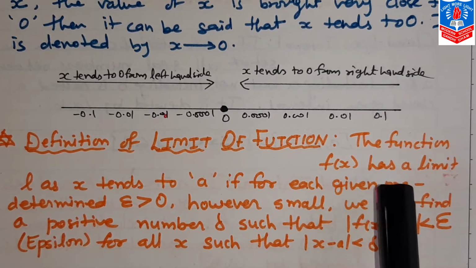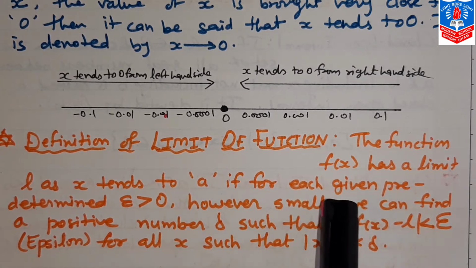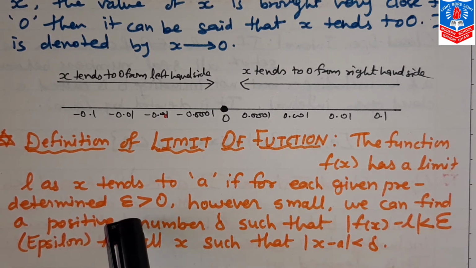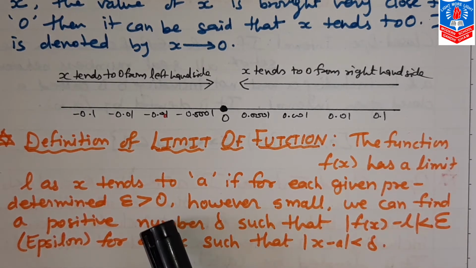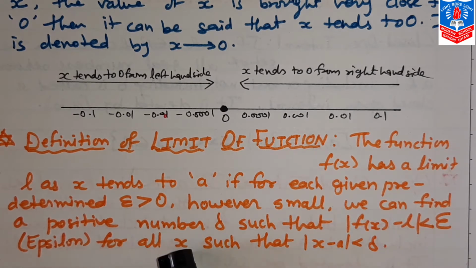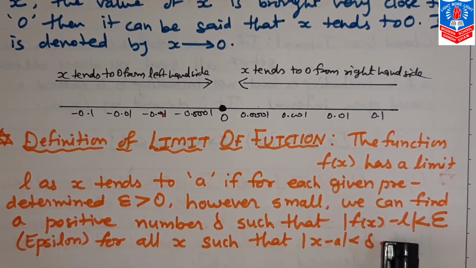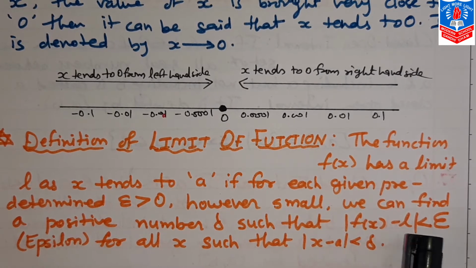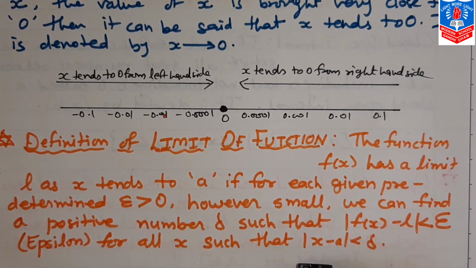The function f(x) has a limit L as x tends to a if for each given predetermined epsilon, where epsilon means any real number greater than 0, however small, we can find a positive number delta such that modulus of f(x) minus L is less than epsilon, for all x such that modulus of x minus a is less than delta.